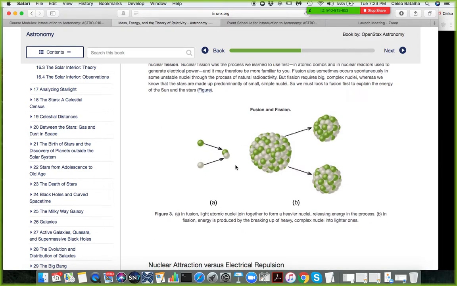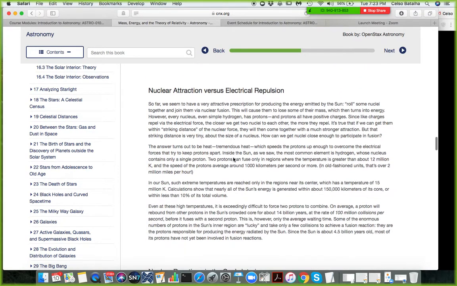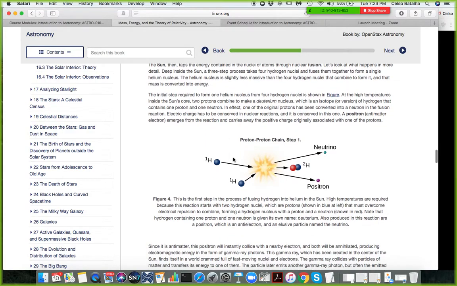So this is a schematic of an atom, of a nucleus. You have certain particles here. In fusion reactions, you fuse them, you merge them, you create something heavier. In the case of the sun, there are specific steps by which protons are merged to create helium atoms.